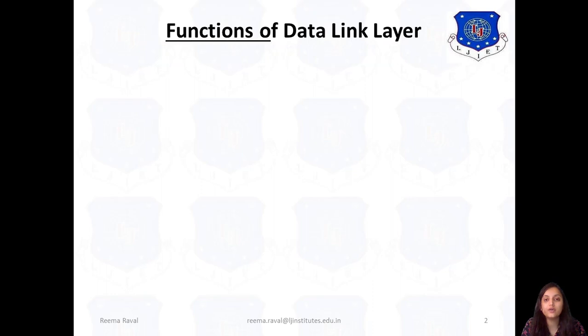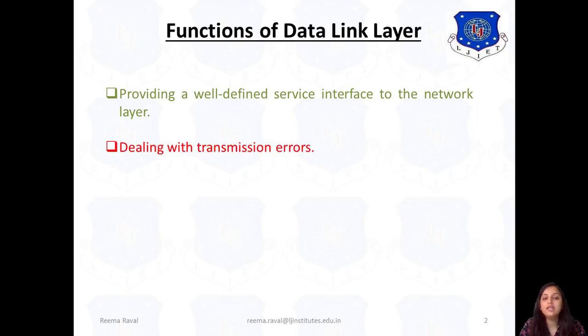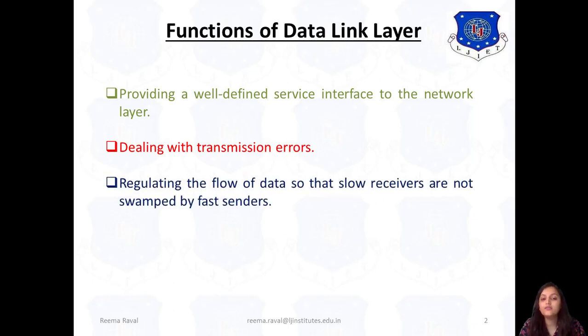So now let us see the functions of the data link layer. The first function of the data link layer is providing a well-defined service interface to the network layer, that is, the layer above the data link layer. The next one is dealing with transmission errors. That means if there are any transmission errors, it has to identify those errors and also correct them. Then the next function is regulating the flow of data so that slow receivers are not swamped by fast senders.